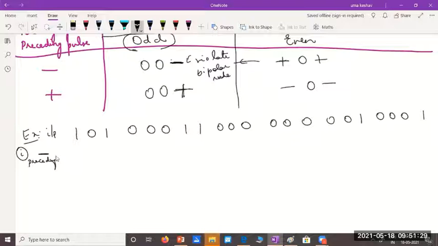And let me assume here, if it is negative, this one will be represented with a positive pulse, 0 with 0. This will be represented with a negative pulse, correct? This is data and it doesn't have a consecutive set of zeros.